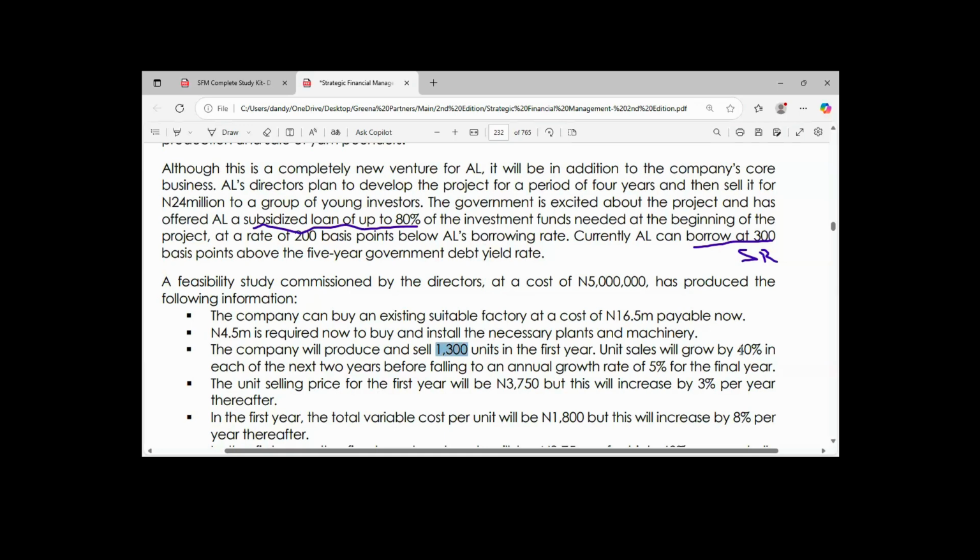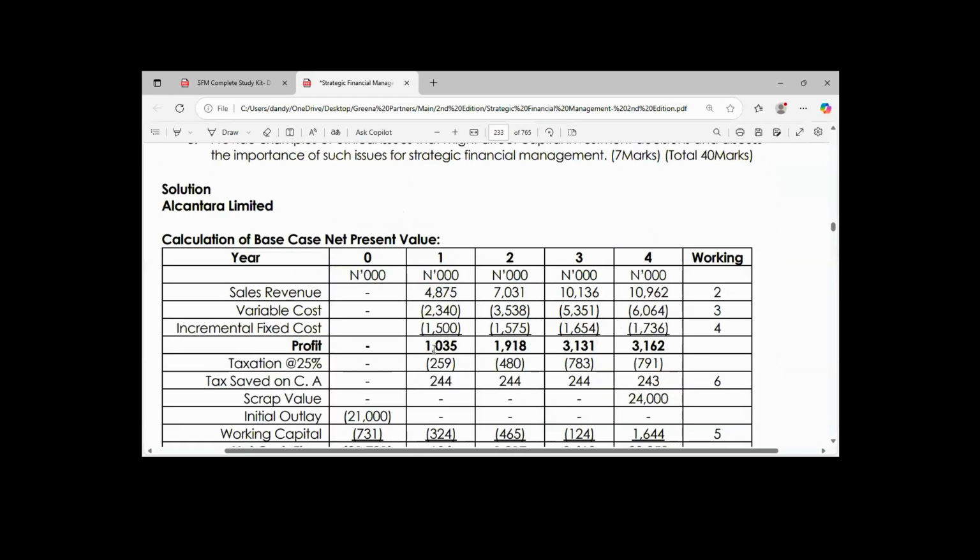Then to get for the third year, you are going to multiply the second year sales unit with 1.4. Then when you get to the fourth year, you now multiply with 1.05 because it's no more growing at 40%. Rather, it will grow at 5%. So quickly, let's go to our working and see how that is done.